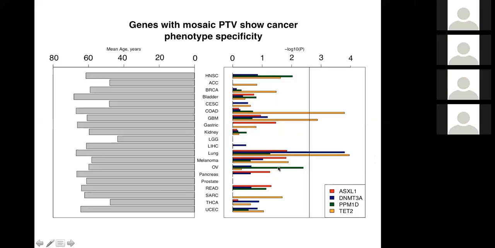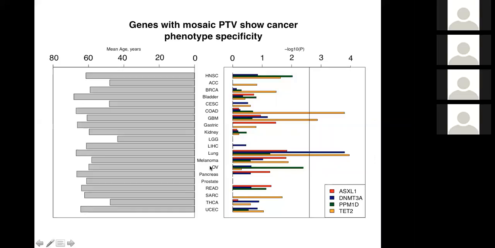And you actually see that there is a clear association of the genes to a specific type of the cancer phenotype. So we did not reach genome-wide significance, because we lack some cases.